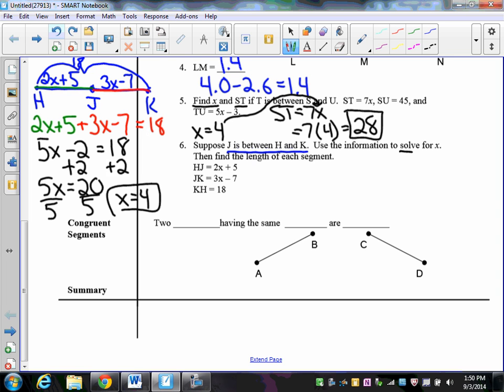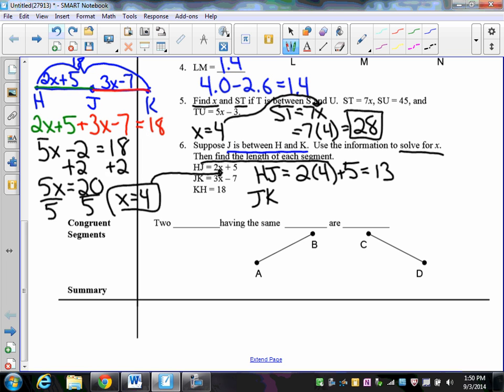So I solve for x. Now I need to find the length of each segment. So all I'm going to do is plug the x value in here and here. So HJ is going to be equal to 2 times 4 plus 5. That's 13.